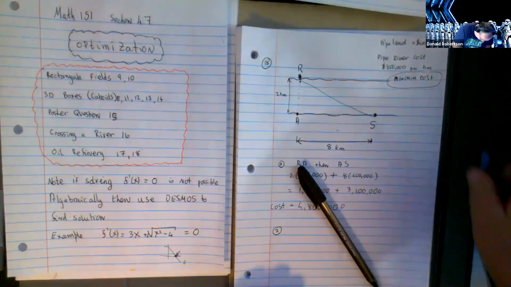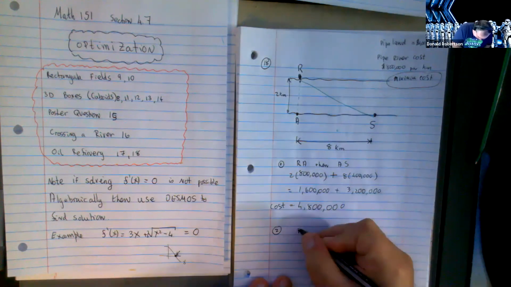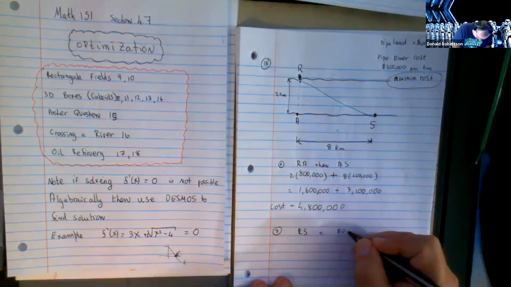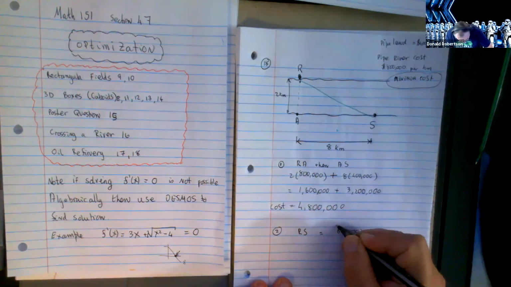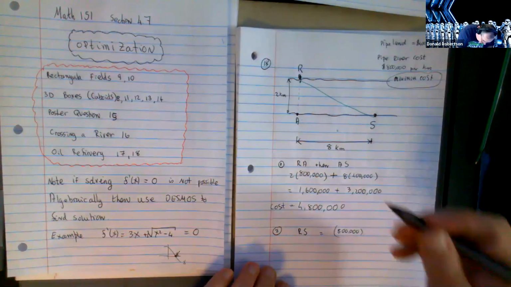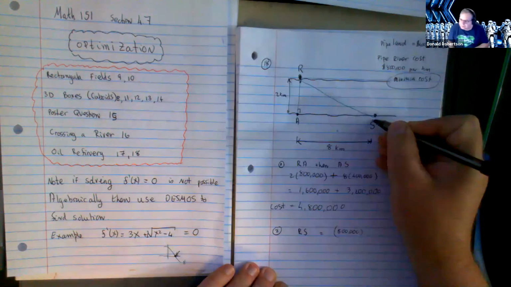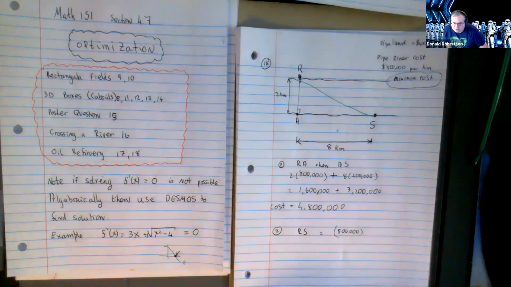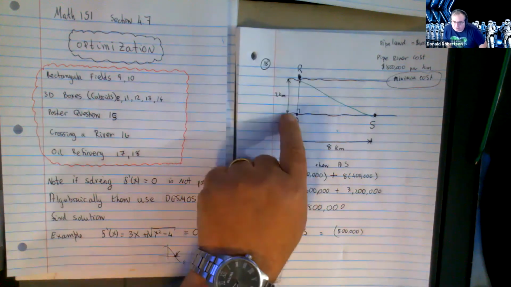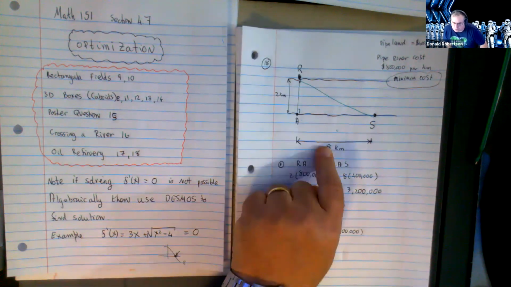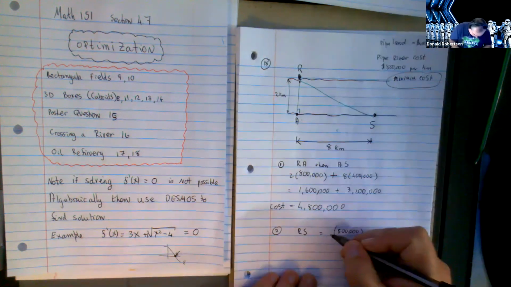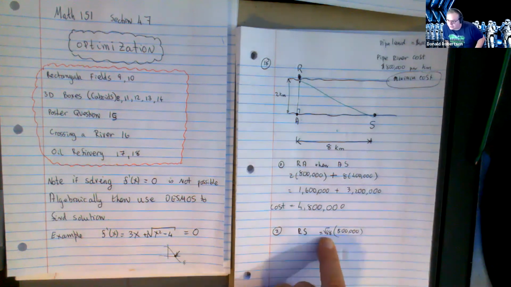Now, if you just do R to S, then we know it's going to cost you 800,000 per kilometre. But don't I now need to know what that distance is? If you look at it really carefully, isn't there a right angle triangle going on here? And this side is 8 and this side is 2. So according to Pythagoras, 8 squared is 64, 2 squared is 4, square root of 68. Are you happy about the square root of 68 and where that number's coming from?